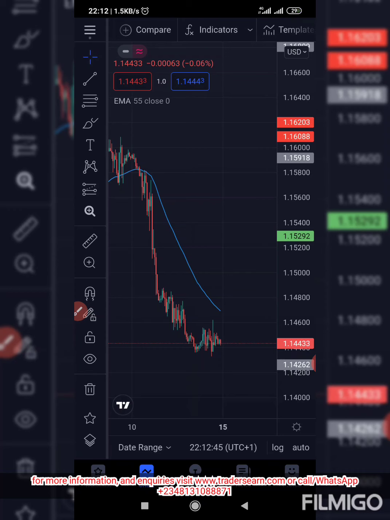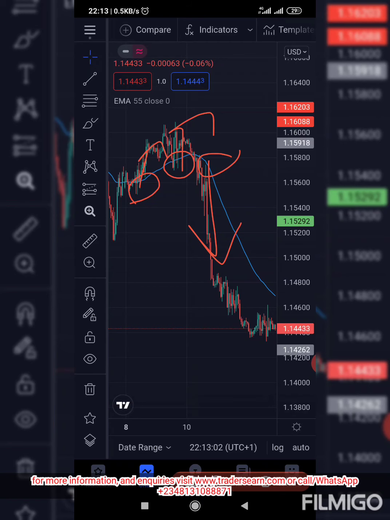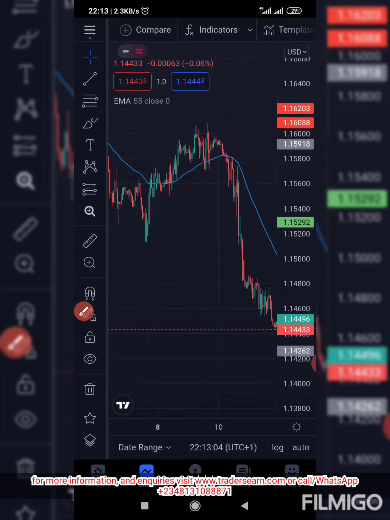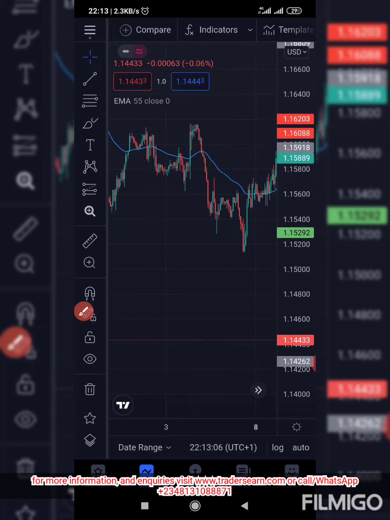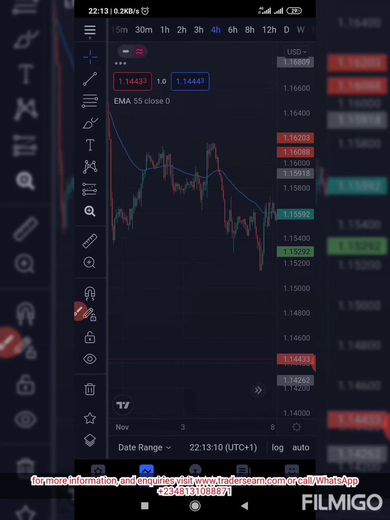Now, as you can see clearly, when price hit it at this point, it bounced, serving as what? As a support. Then here, price hit it and went up, serving as support. Then here, price hit it and went down, serving as resistance. We have a lot of it happening. Let's go to another time frame.